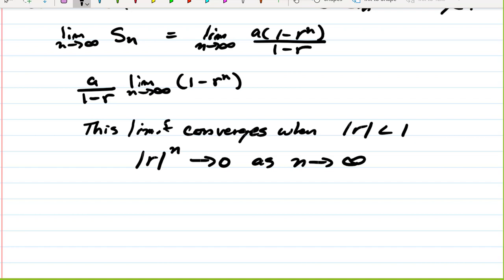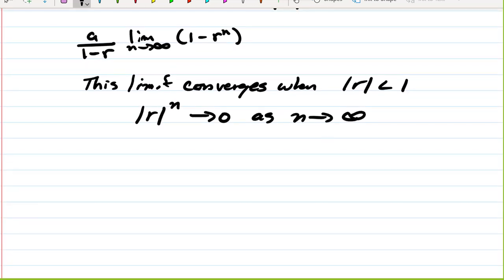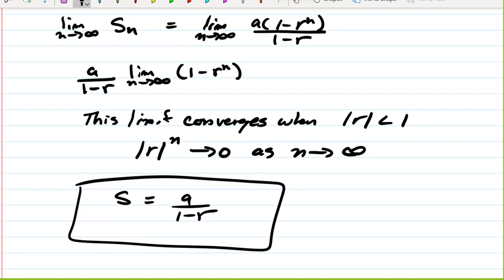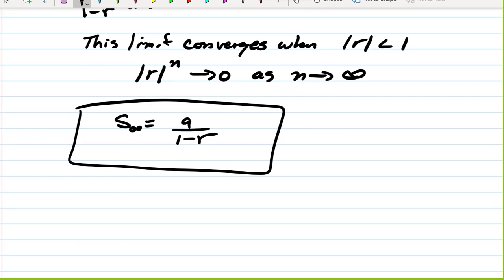So if we were to do that, then the sum is equal to, well, this would be 1 minus 0. We get a over 1 minus r, which is the formula for the sum of an infinite geometric series. So S infinity, or just S, is equal to a over 1 minus r, where the absolute value of r must be less than 1.